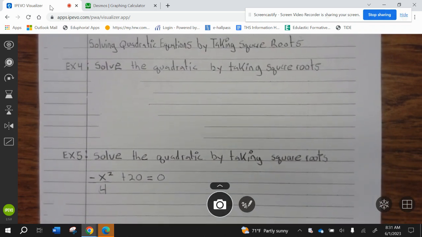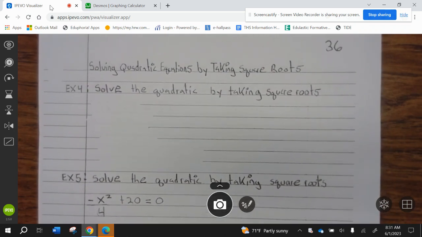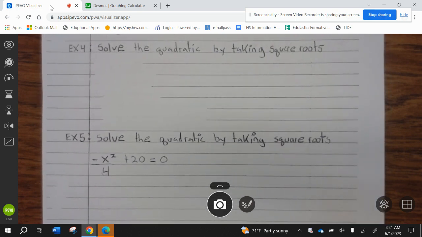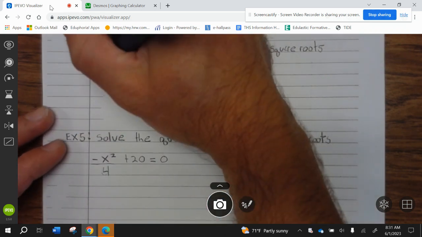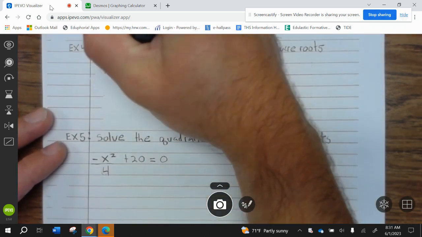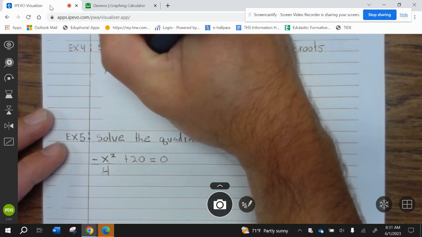All right, example 4. Solve the quadratic equation by taking square roots. It appears my example is missing an equation, but I'll write that in. x squared equals 45 divided by 9. This should be on your paper.